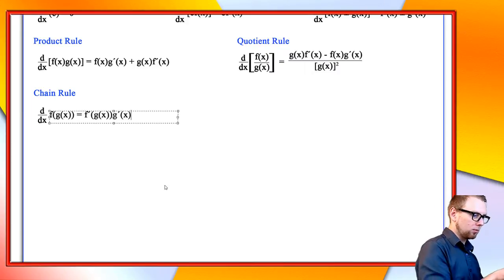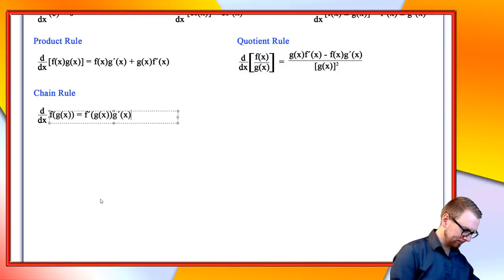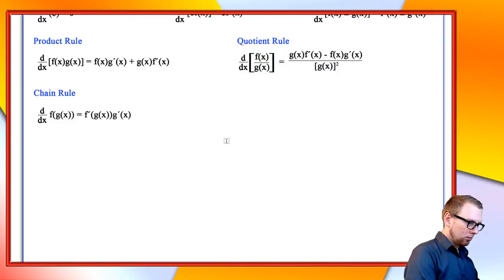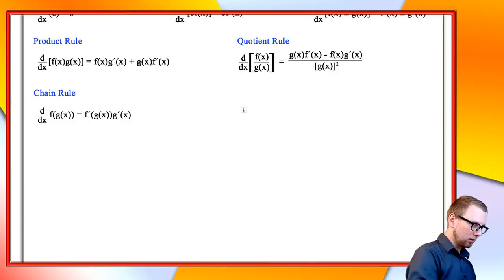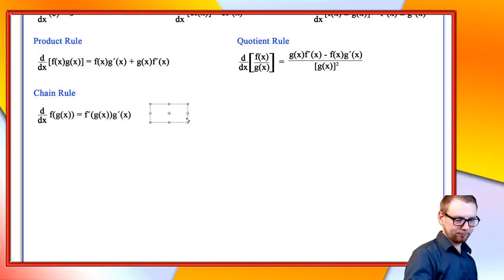F of g of x equals f prime of g of x times g prime. Yes. In Leibniz, dy dx is dy du times du dx. Yep, I'll do it too.